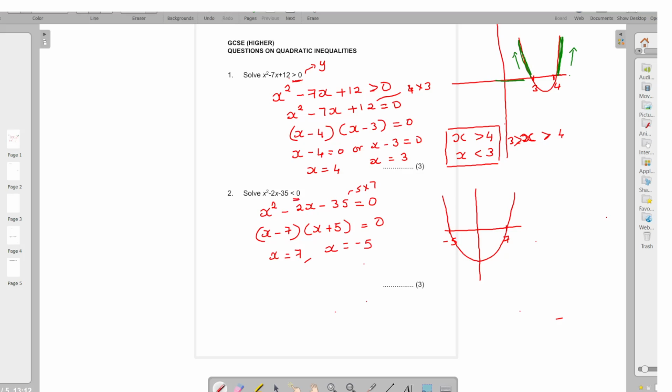It's less than 0. So where would the y value be less than 0? Below this point. That's the x-axis. That's where y is 0, below this point. So the part of the graph we need to highlight is this.